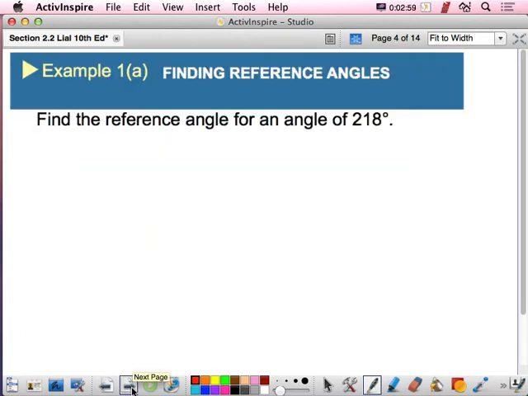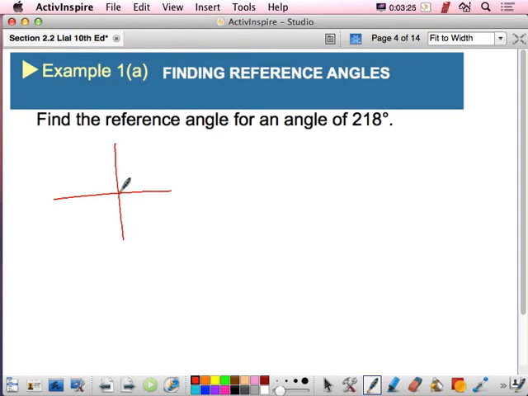Okay, here's our first example. We would like to find the reference angle for an angle of 218 degrees. First off, I need to figure out where it is so that I can figure out how much is trapped between the x-axis and there. So it's best if you go ahead and draw it. 218 degrees would put me over into quadrant 3, correct?